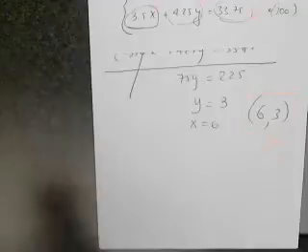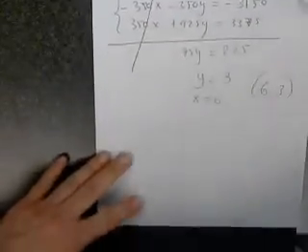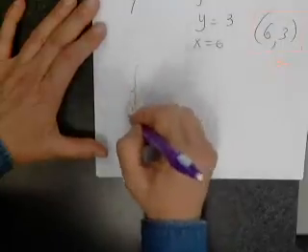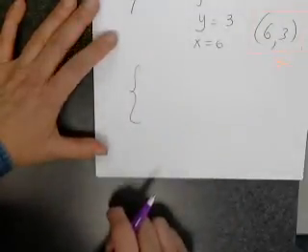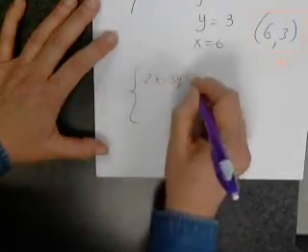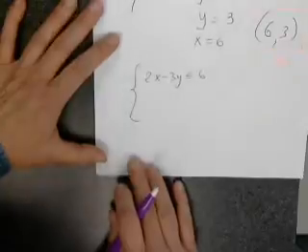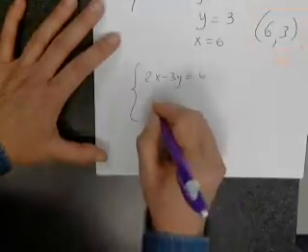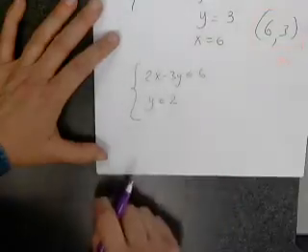I like to look at the system of inequalities. Can anyone make one up? Let's say 2x minus 3y less than or equal to 6. And y less than or equal to 2.